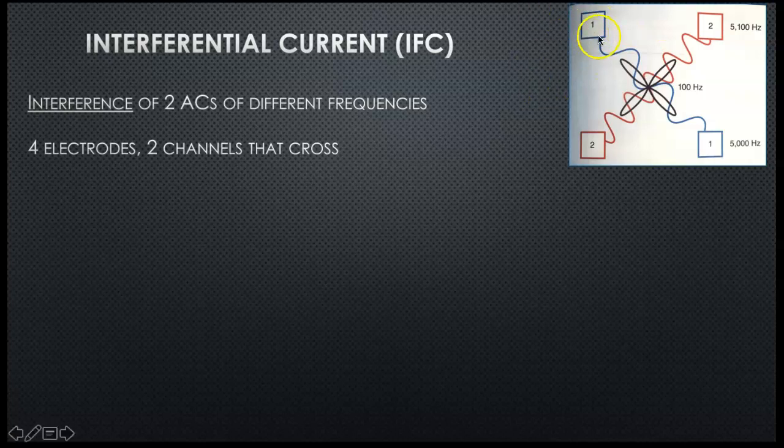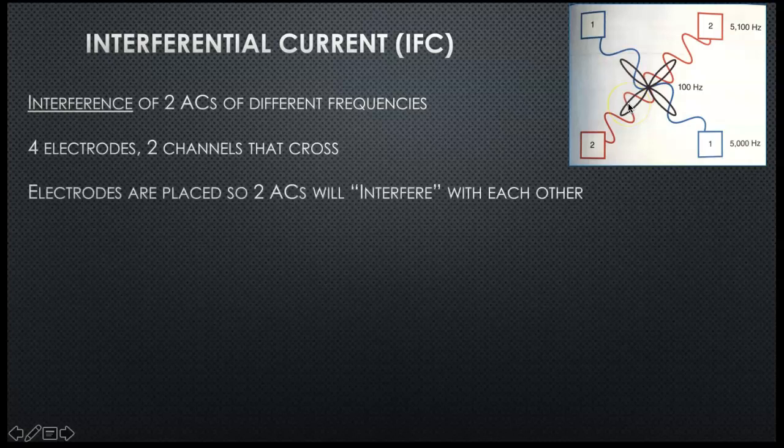So channel 1 goes up here, you put an electrode here, and it's talking to its buddy, the other electrode over here. That current goes back and forth between those electrodes. You put channel 2 here, they're talking back and forth, and the interference of channel 1 and channel 2 right there is how interferential works.